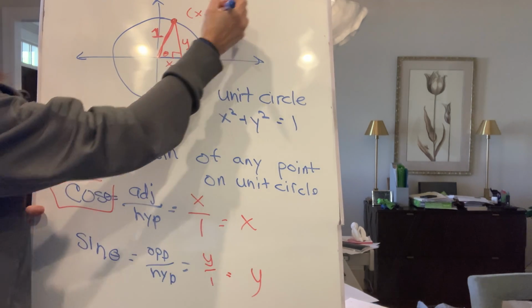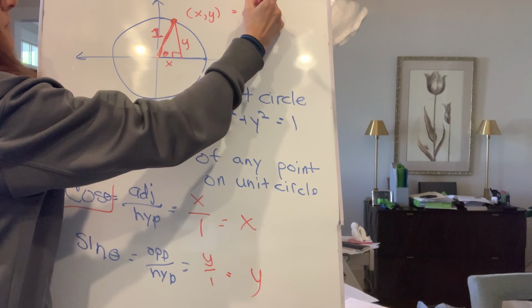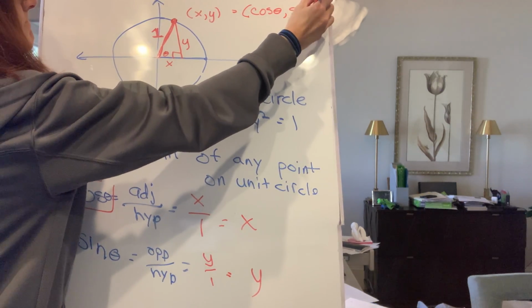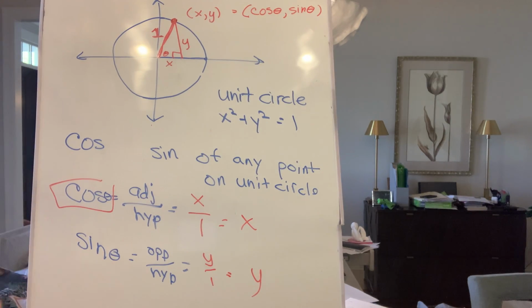So we can write this for any point on the unit circle. So for any point on a unit circle, the x coordinate represents the cosine of the angle, and the y coordinate represents the sine of the angle.